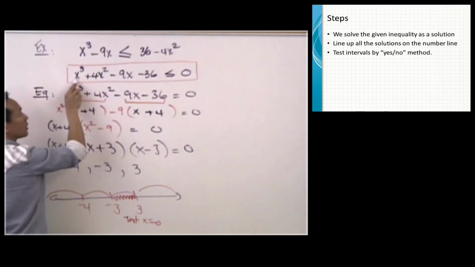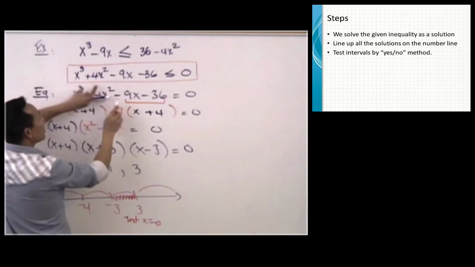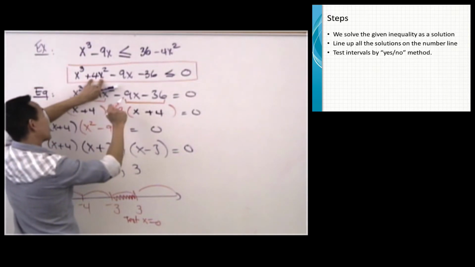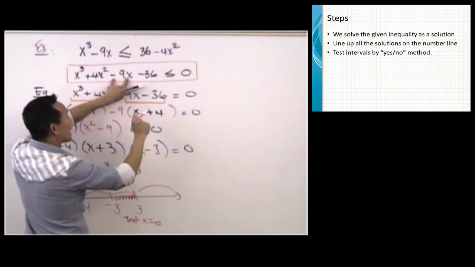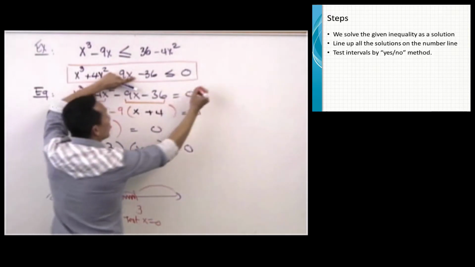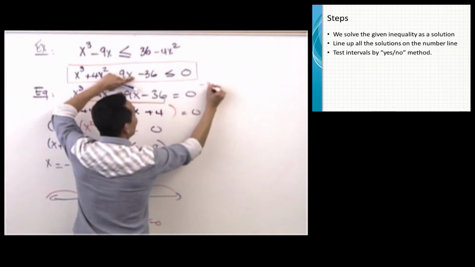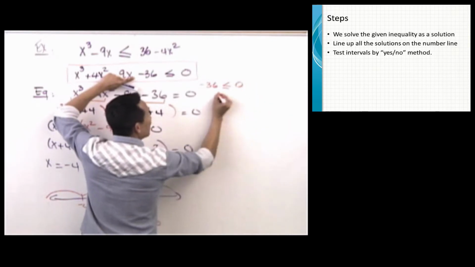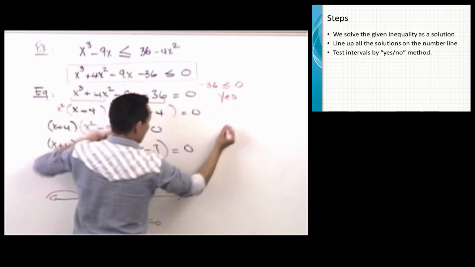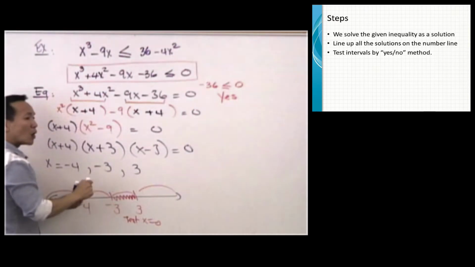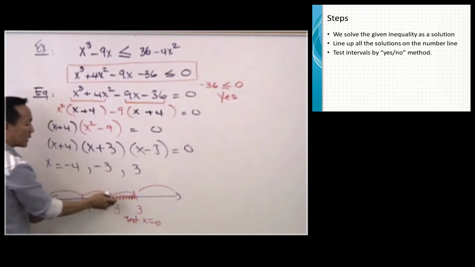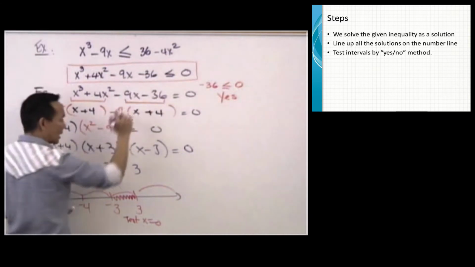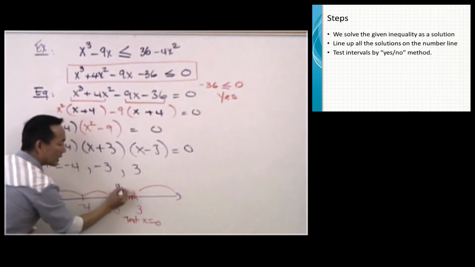So 0 to the third power is 0. 0 to the second power times 4 is 0. 0 times negative 9 is 0. So we only have negative 36 left. Is this number less than or equal to 0? It is yes, so all the numbers between negative 3 and 3 would fit this inequality. So this would be yes.